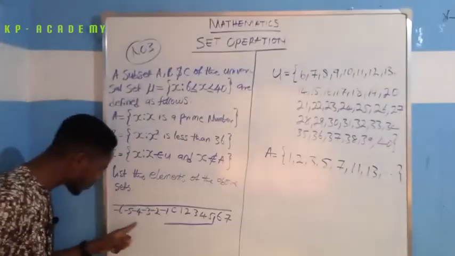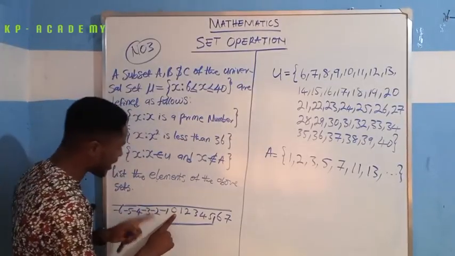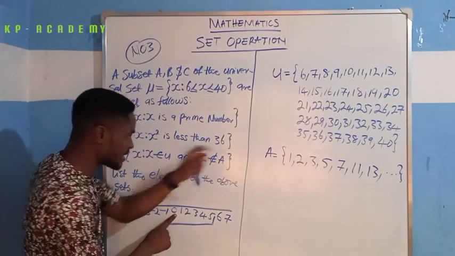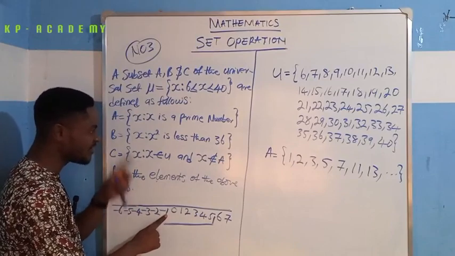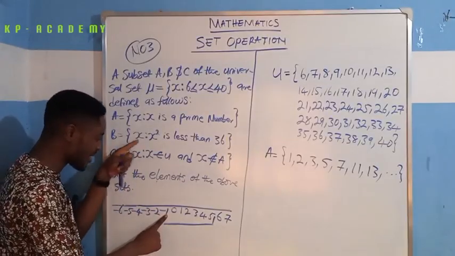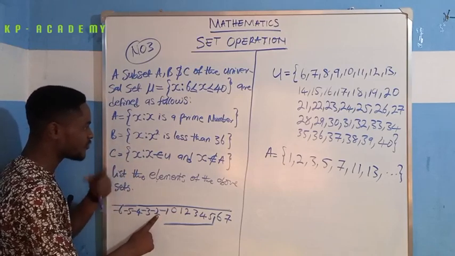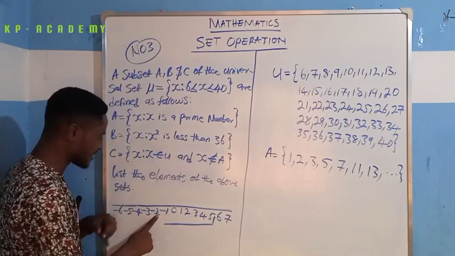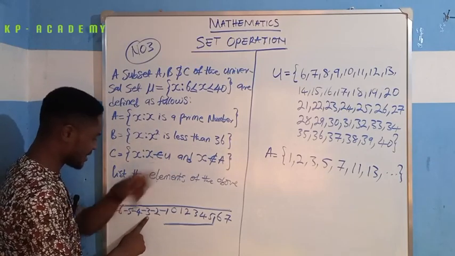But let us know where this one ends on this number line. Again, of course, if I take x to be 0 and square 0 gives me 0, which is less than 36, very important. If I take x to be minus 1, square minus 1 gives me 1, which is less than 36. So 1 is included in this set of x. Now, what about if x is minus 2? If I square minus 2, I have nothing but plus 4, which is less than 36. Square minus 3, I have plus 9, less than 36.